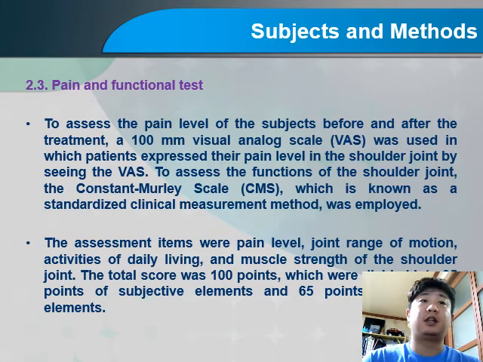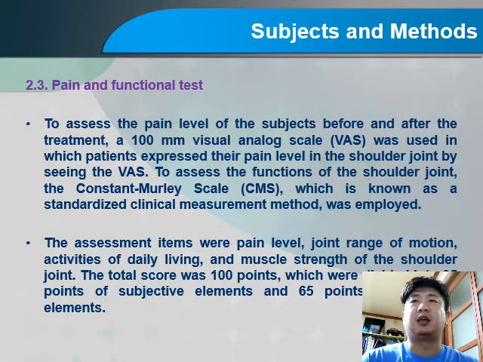Pain and functional test. To assess the pain level of the subjects before and after the treatment, a 100 millimeter visual analog scale (VAS) was used, in which patients expressed their pain level in the shoulder joint.